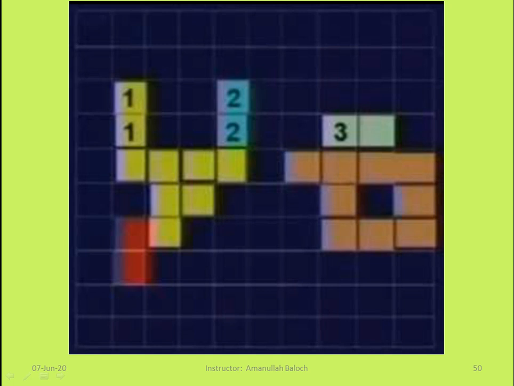This is not the gray value of this pixel, this is just the label, and we will give different labels to different components. So all those pixels which belong to one component, we will give them label 1, and all those pixels which belong to the second component, we will label as 2 and then 3. This belongs to the third component because it is at the 4 neighbors.